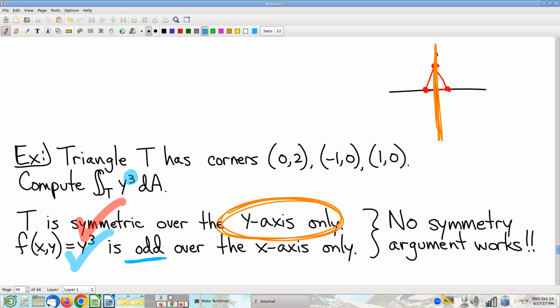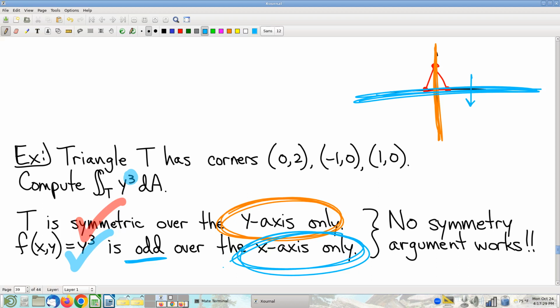If you think about what this reflection looks like, that would make this an odd function. I would need y to turn into negative y. I would need to reflect over the x-axis. These are not the same lines. Yes, you have oddness and symmetry, but over different lines, there is no symmetry argument.